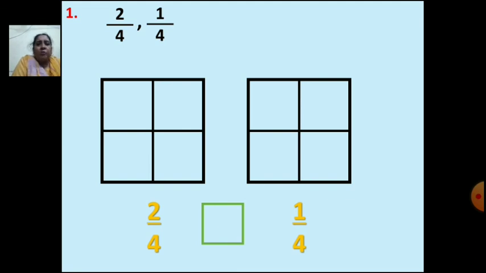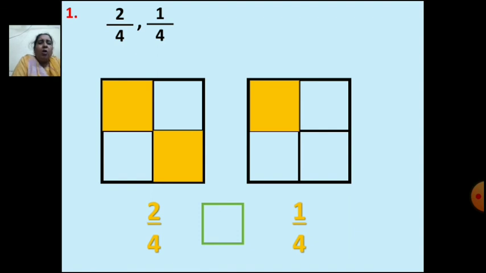Now first fraction, say 2 upon 4. How much part is colored here? Out of 4, 2 parts are colored. So first you will color 2 parts. Yes, 1, 2. Now, next figure, how many parts are shaded, colored? 1 part out of 4, right? So, you will color 1 part out of 4.